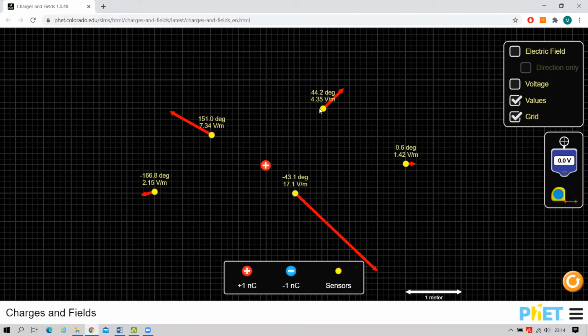When I put this sensor right over here, I said x is equal to 1 and y is equal to 1. But it's not exactly right at x equal to 1 and y equal to 1. It's a little different. So this is an experimental error. You just type what I just read from the sensor, 44.2 degrees.